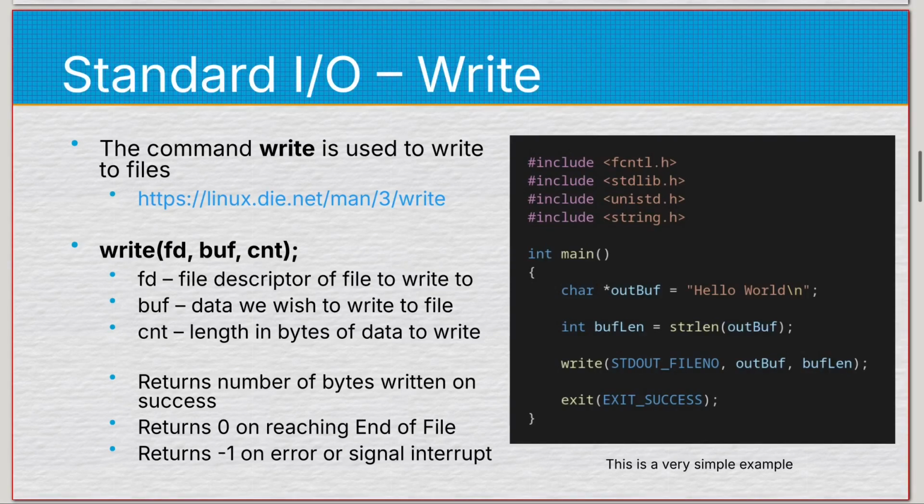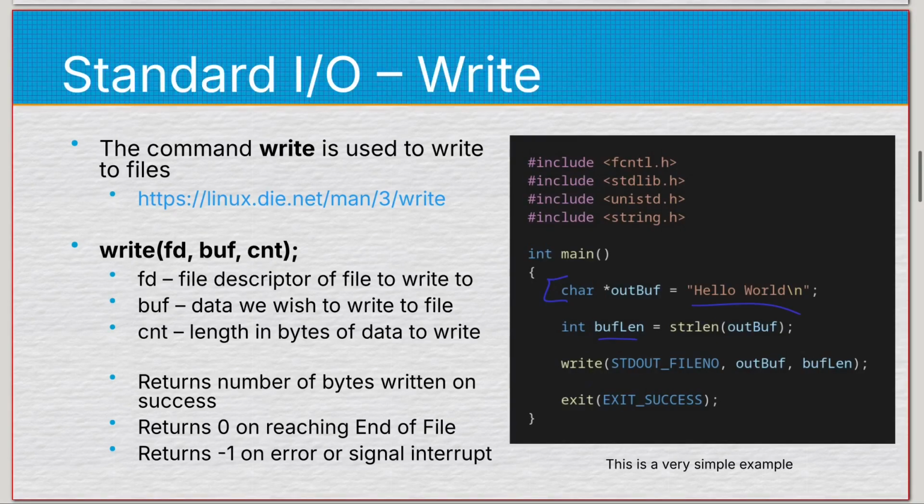So in the most simplistic example, I have initialized a string character array called outbuff of just hello world with a new line character. And then I'm using string length on outbuff to get the actual length of that character array.